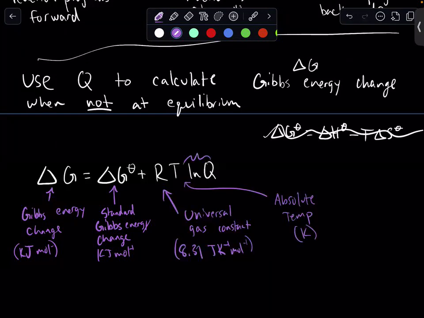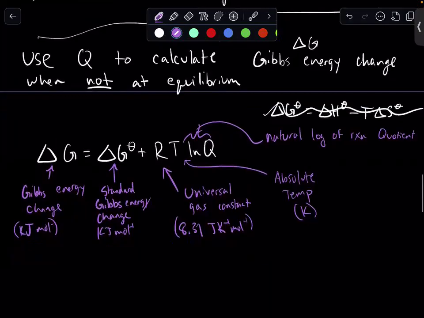Then we have this funky thing right here, ln Q. This is the natural log of the reaction quotient, and this is a unitless value. So we can calculate our Gibbs energy change when not at equilibrium.